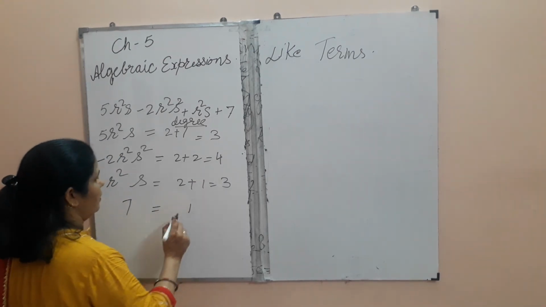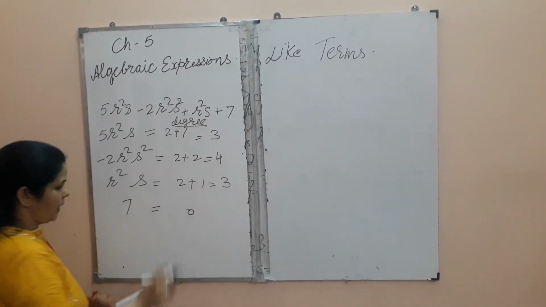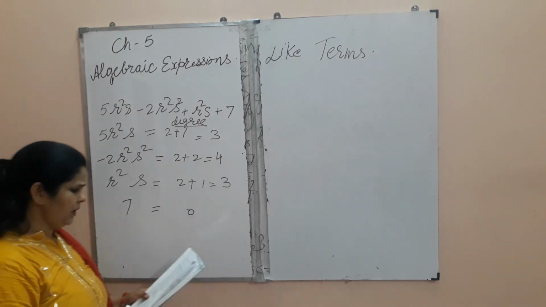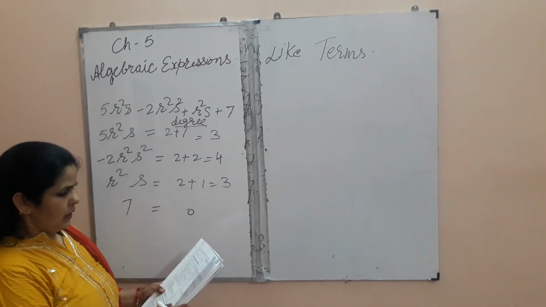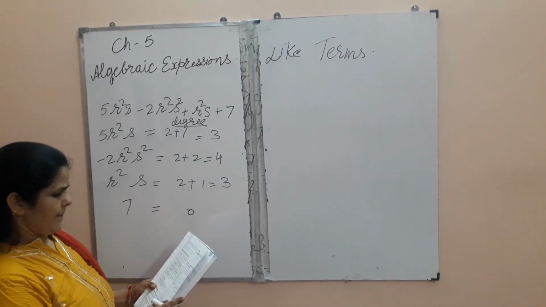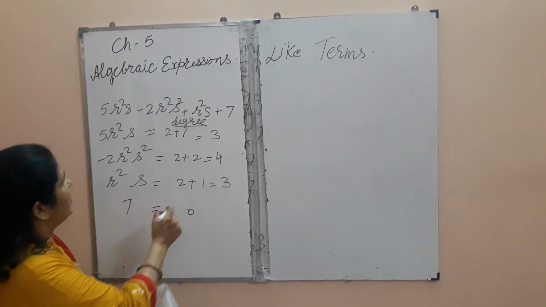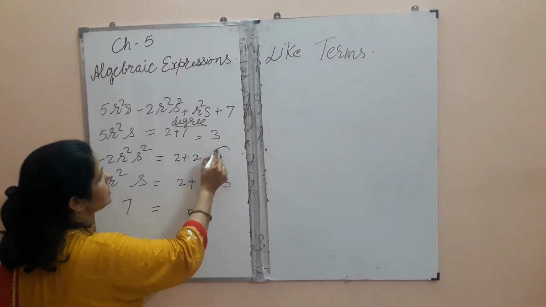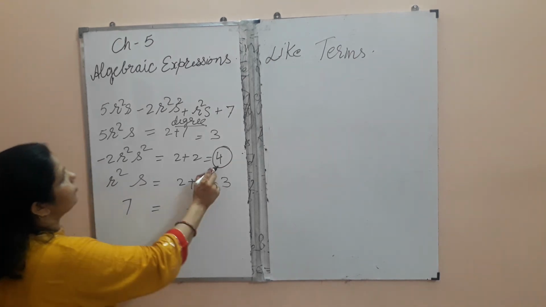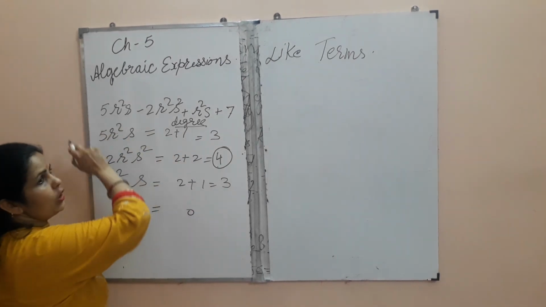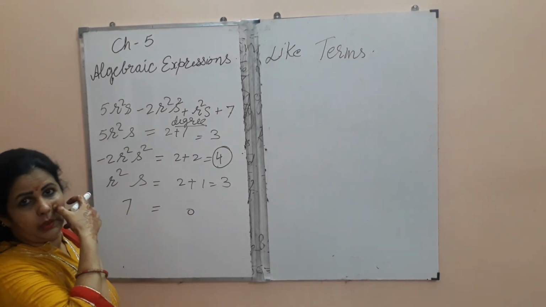And this is 1. This is 0 sum. There is no variable, so it is 0. So in this, which is the highest degree? 4. So this 4 will be the degree of the full expression, the full polynomial.